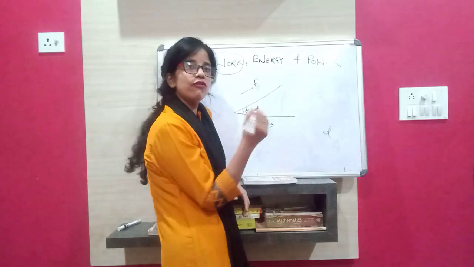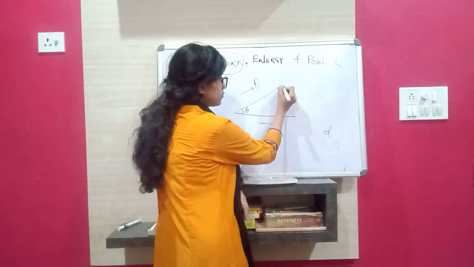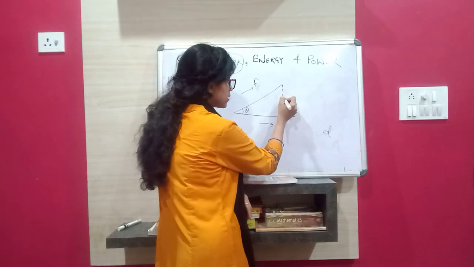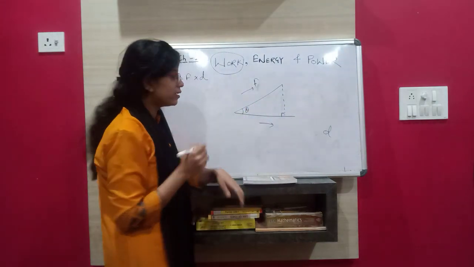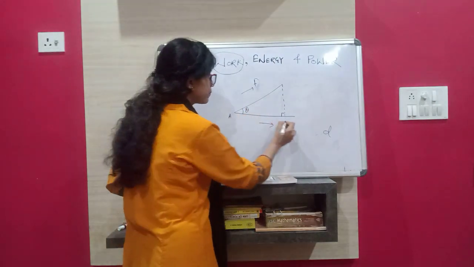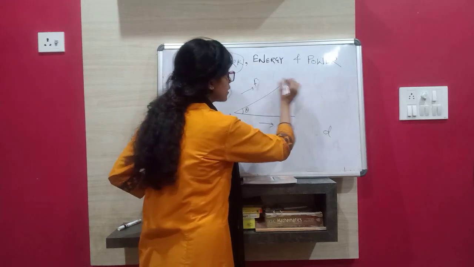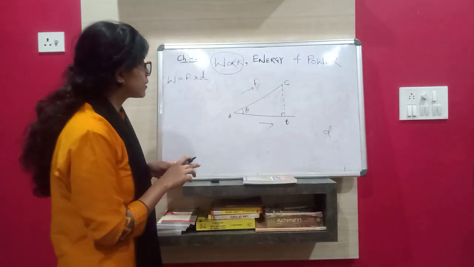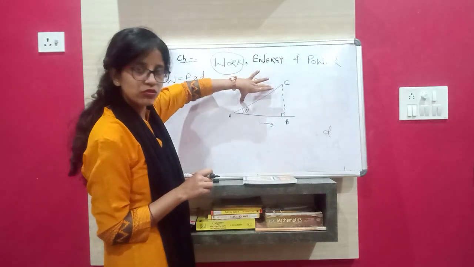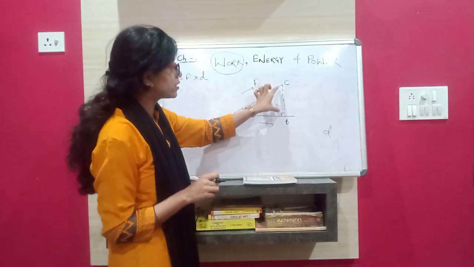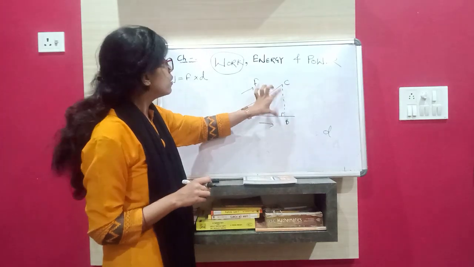So for that, what are we going to do? Here if we draw a perpendicular, this is going to be 90 degrees. Let's name it A, B and C. Now if you see, this is a 90-degree right angle triangle: this is your hypotenuse, this is your base, and this is your perpendicular.